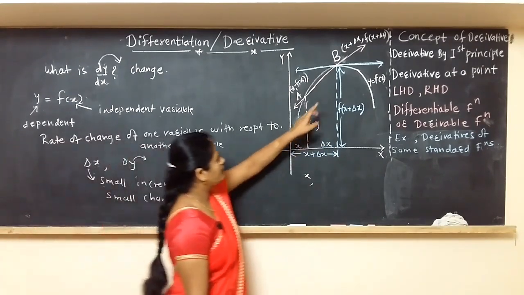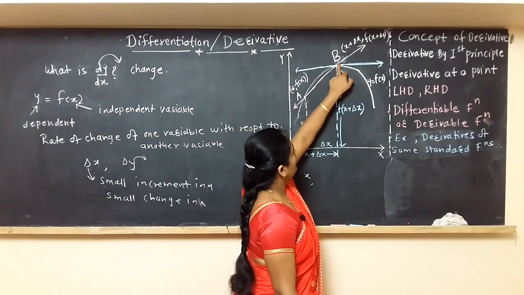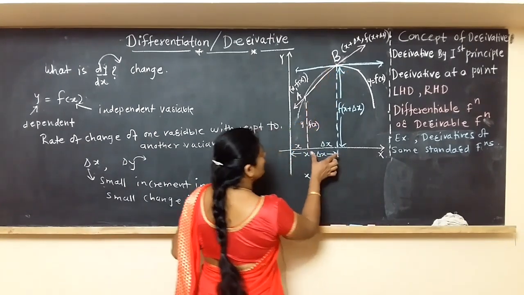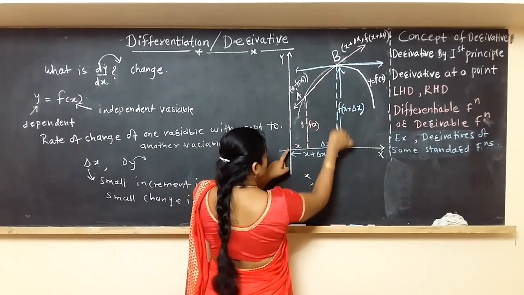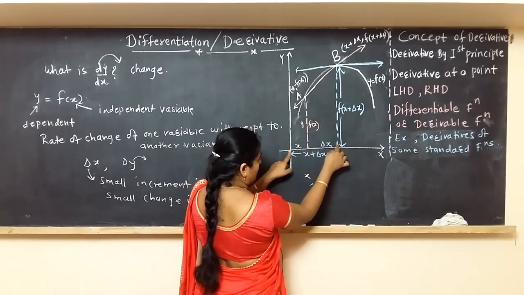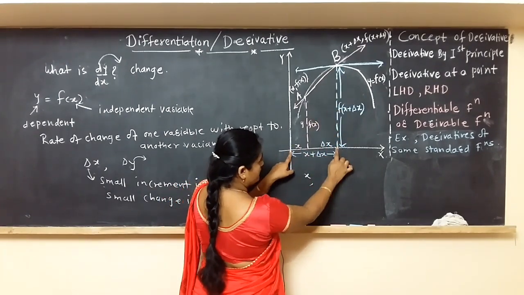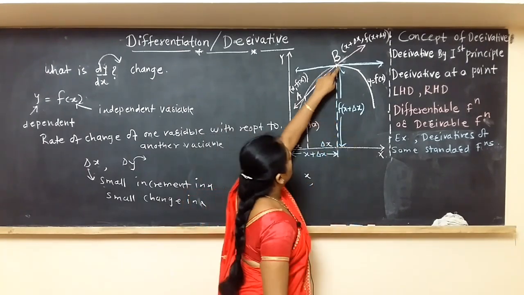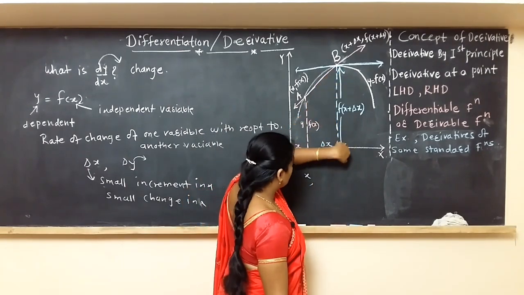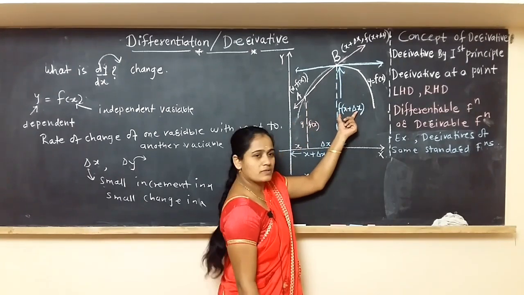So in this diagram, coordinates of point B are represented like this. From B I have drawn a perpendicular, so this whole distance becomes x plus delta x, and this vertical distance becomes f of x plus delta x.